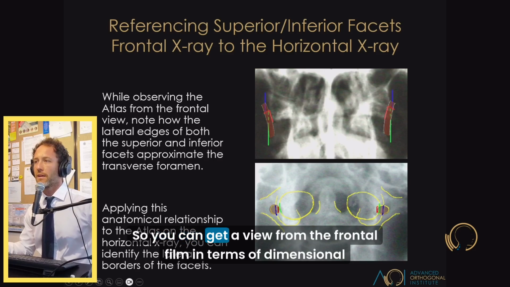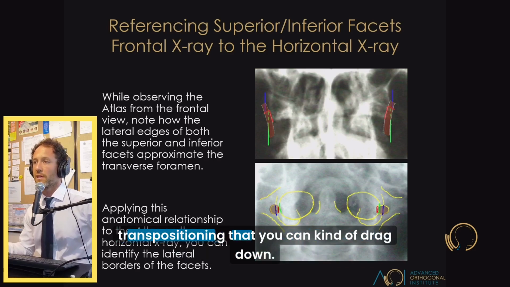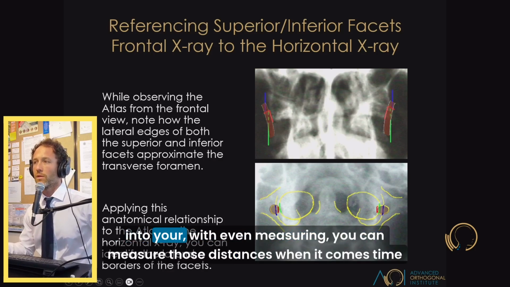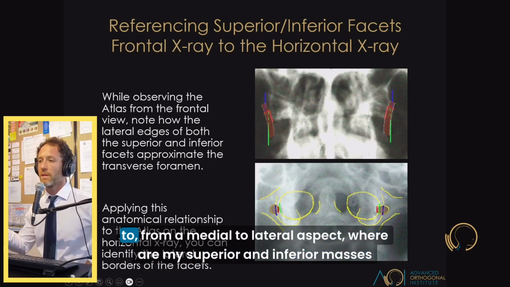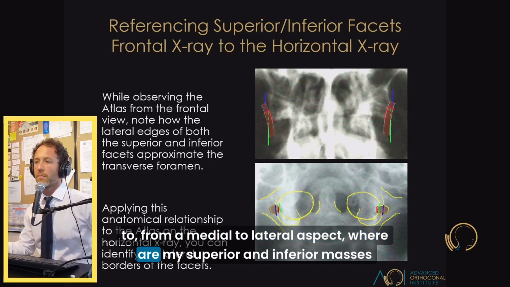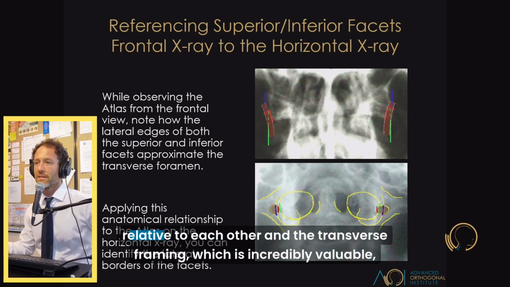So you can get a view from the frontal film in terms of dimensional transpositioning that you can drag down into your measuring. You can measure those distances when it comes time, from a medial to lateral aspect: where are my superior and inferior masses relative to each other and the transverse foramen, which is incredibly valuable, right?